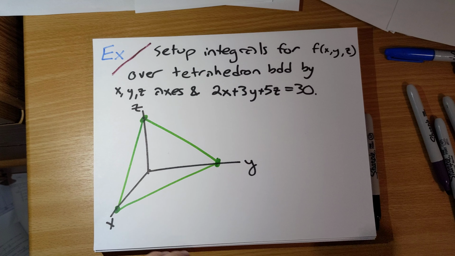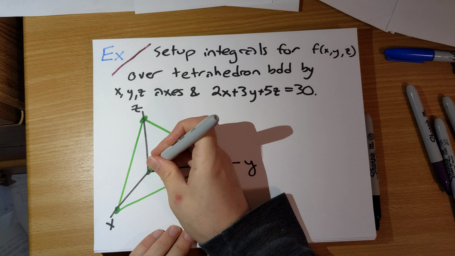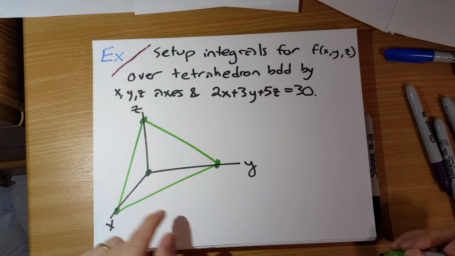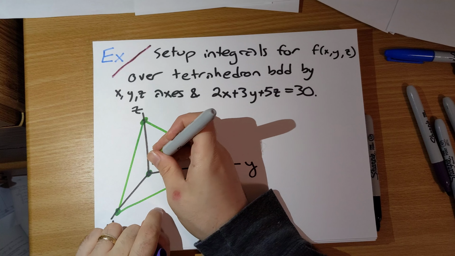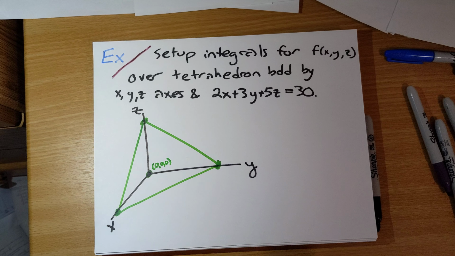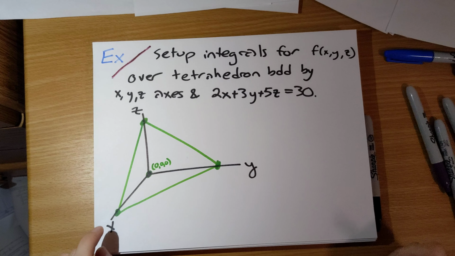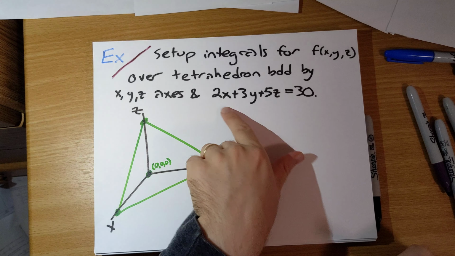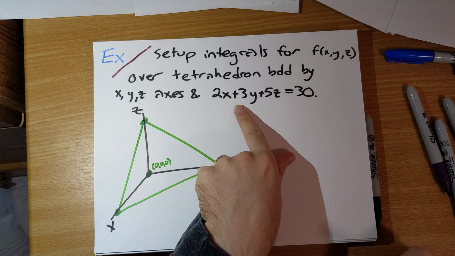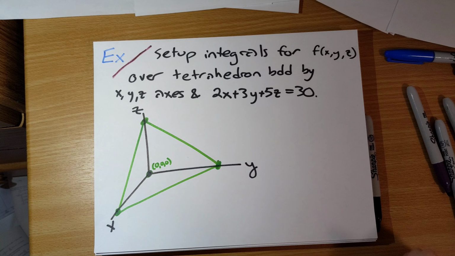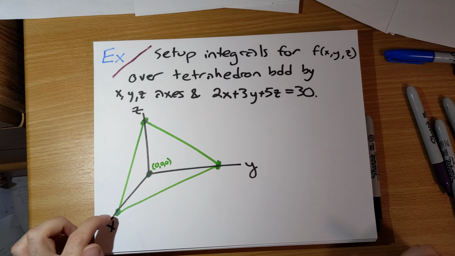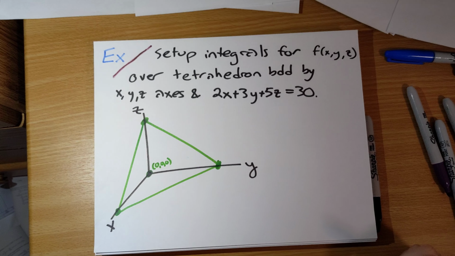And so when I say this tetrahedron, the tetrahedron has 4 vertices. One is, of course, the origin at 0, 0, 0. And the other 3 are where the plane 2x plus 3y plus 5z is equal to 30 intersects the x, y, and the z axes.